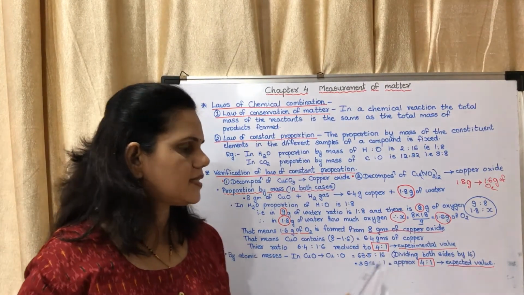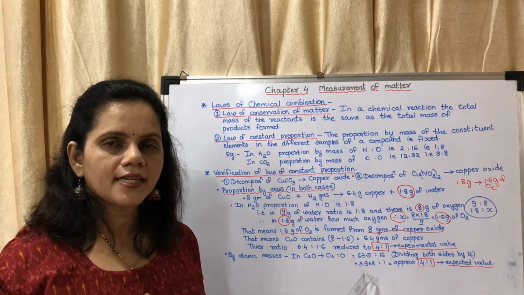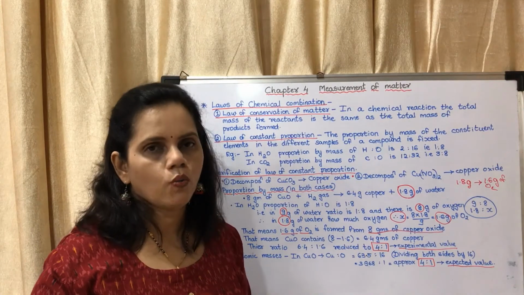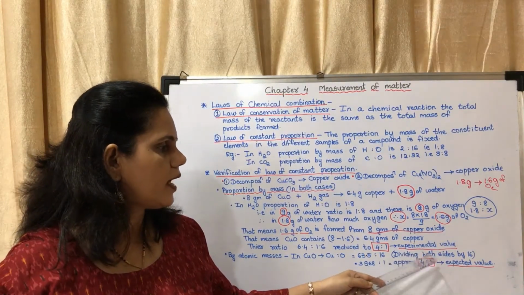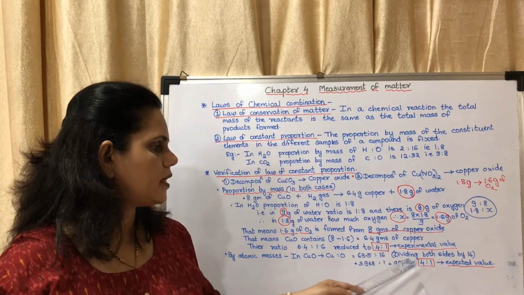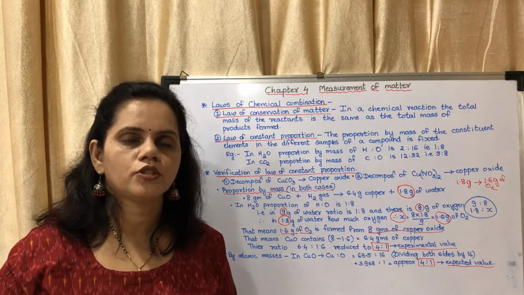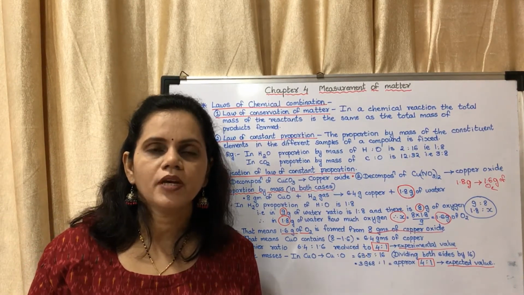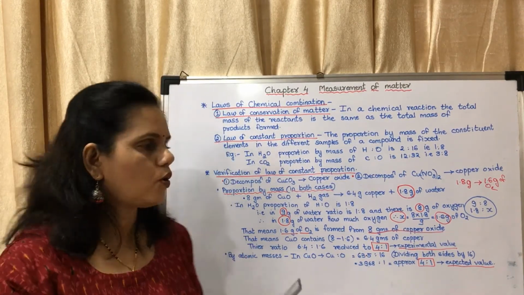Dividing both sides by 16, you will get 3.968 is to 1. It is approximately 4 is to 1, which is the expected value. So the experimental value and the expected value are the same. That means the law of constant proportion is verified. If you don't understand, no problem. You just have to remember the Cu to O ratio.